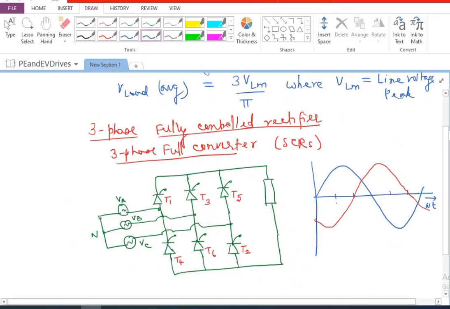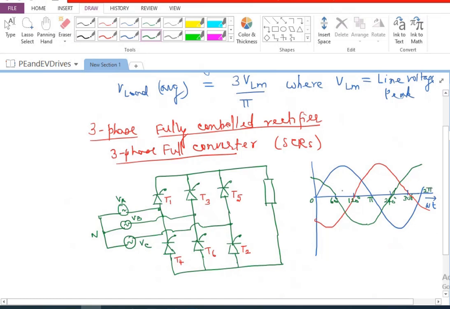And let me show VC somewhat like this. So this is going to be 0. This is 60 degrees. This is 120 degrees. This is 180 degrees or pi. And this is 240 degrees. And this is 300. And this is going to be 2 pi or 360.